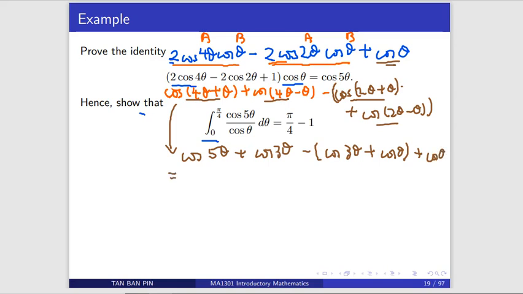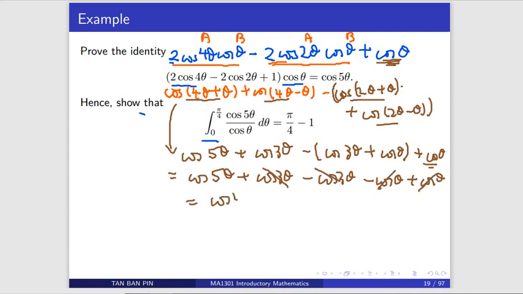So you should have cosine 5 theta plus cosine 3 theta minus cosine 3 theta minus cosine theta plus cosine theta. This cosine theta is just copied down here. So you'll find that cosine 3 theta cancels, minus cosine theta cancels, so you're left with cosine 5 theta, which is the right hand side you want to show. So that's how you prove the identity.